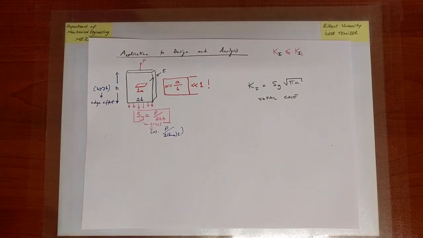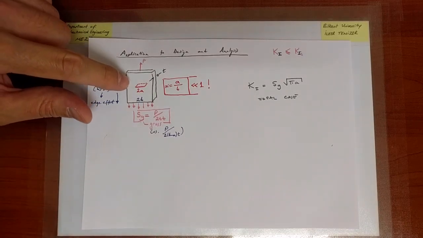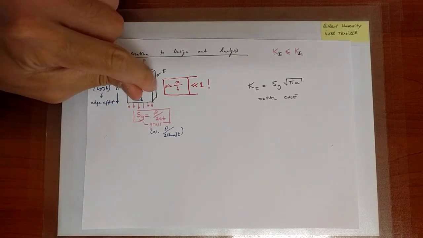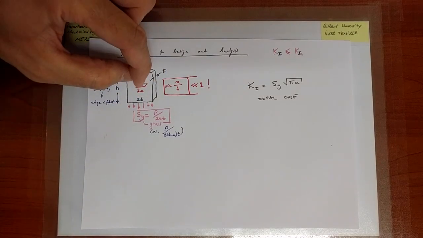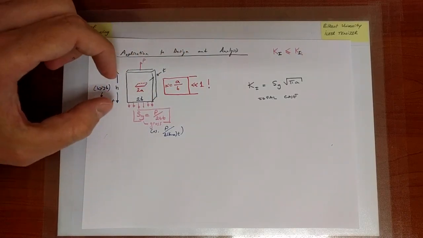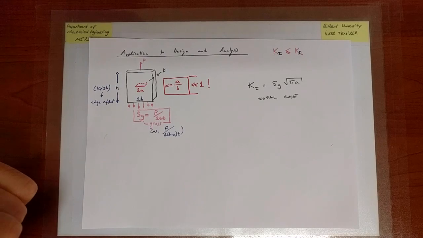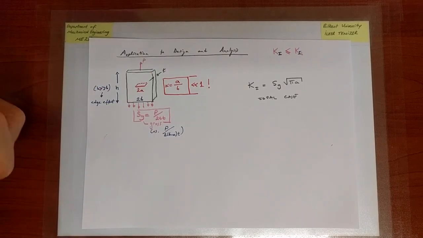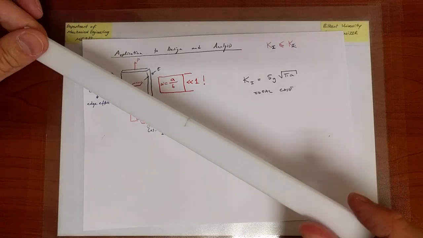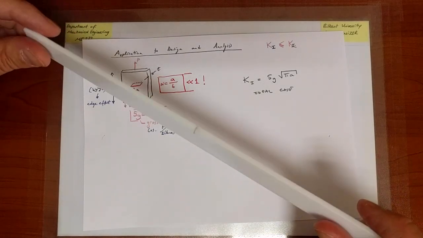Now, first of all, in this case, the crack is in the middle of the plate and I'm pulling on it. There is a crack which is right at the center and it's much less than the width of the plate. And the height of the plate is much larger than the width of the plate. Okay. So here's a scenario that we considered earlier, which I just broke a while back.